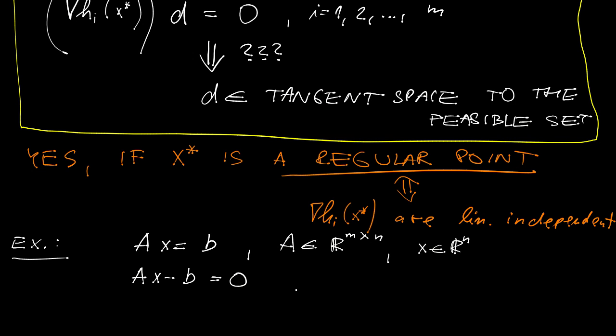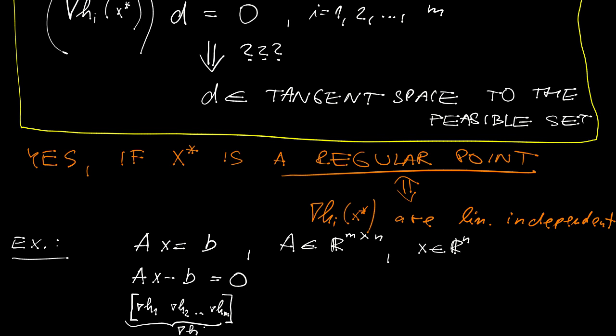Now, the condition that the gradients should be linearly independent can be written like this. The matrix composed of column vectors, gradient of h1, gradient of h2 up to gradient of hm, I will label as gradient of h.